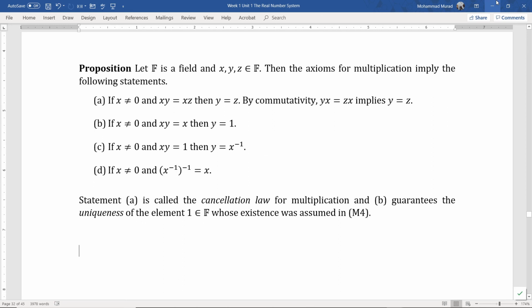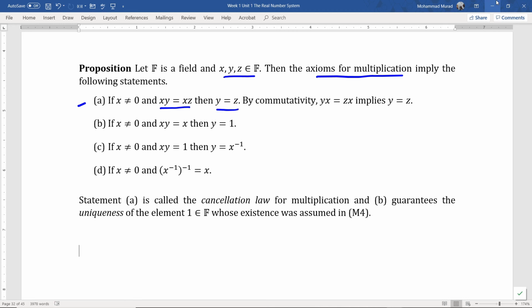Proposition. Let F be a field and x, y, z are in F. Then the axioms for multiplication imply the following statements. A. If x is not equal to 0, meaning it's not equal to the additive identity element, then the equation xy equals xz implies y equals z.